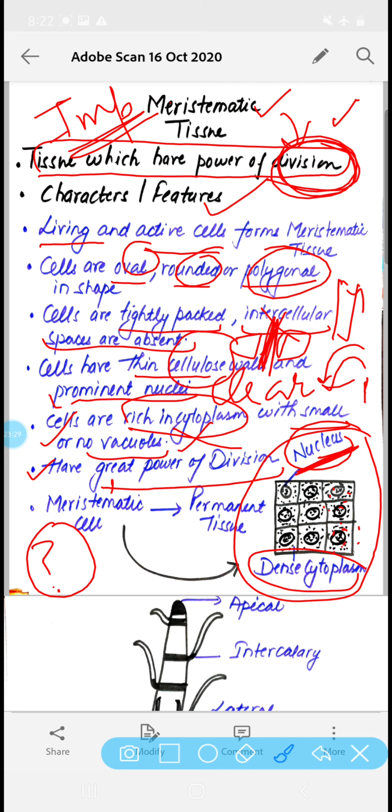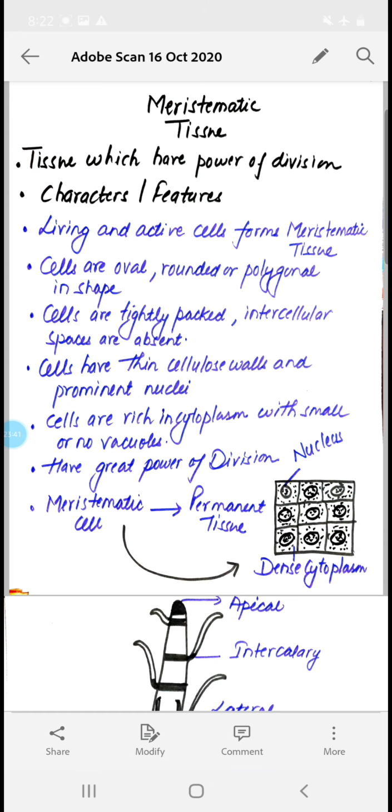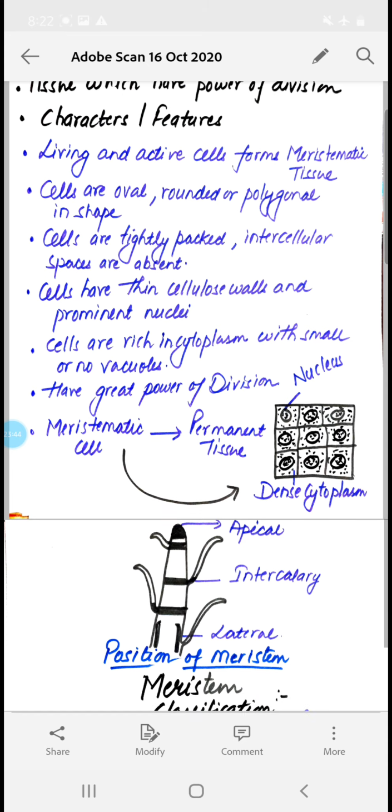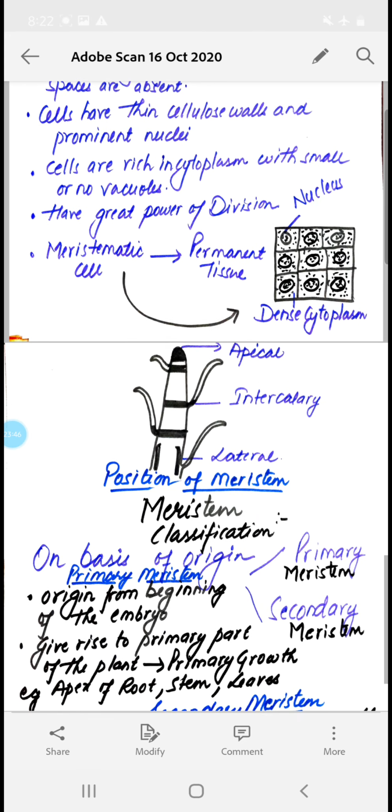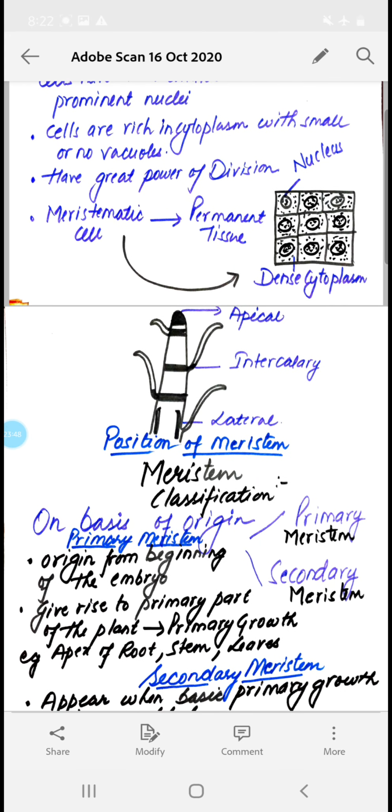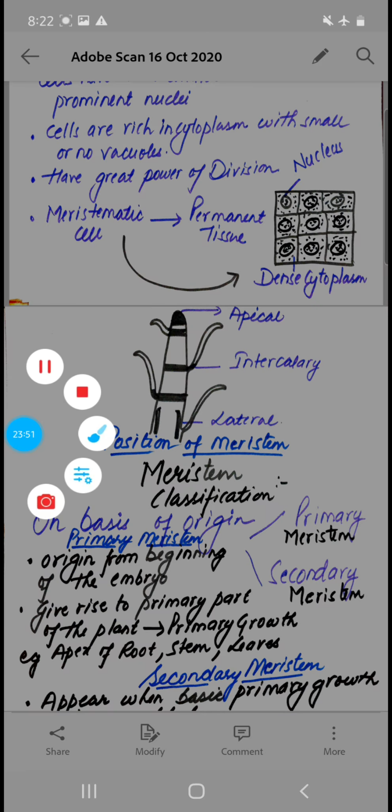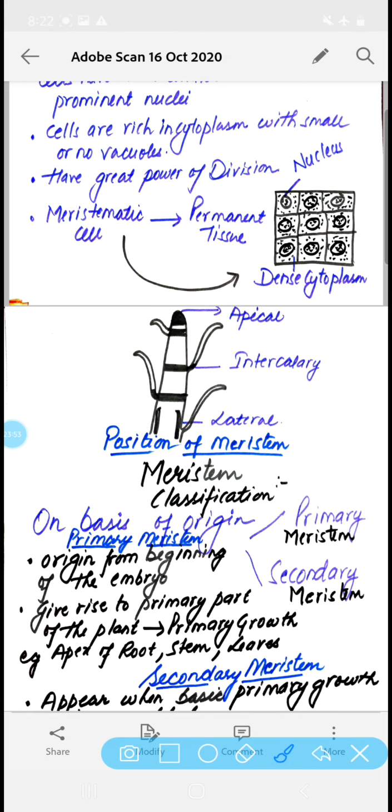And I have already discussed with you, meristematic cells, when they lose the property of division, become permanent tissue. Okay, now in the next part we will discuss the different types of meristematic tissues and their position. So there are basically 3 types of meristematic tissues based on the position.